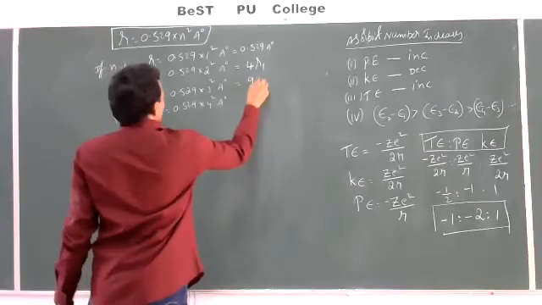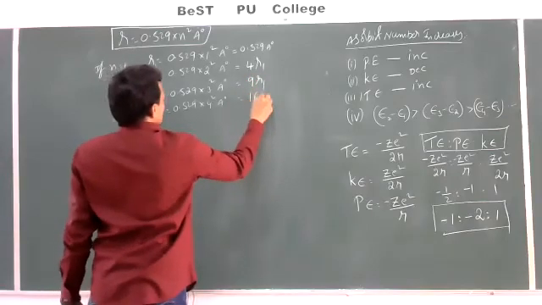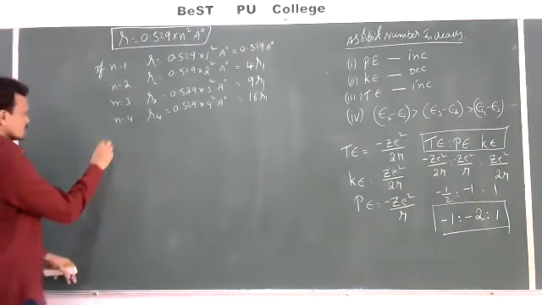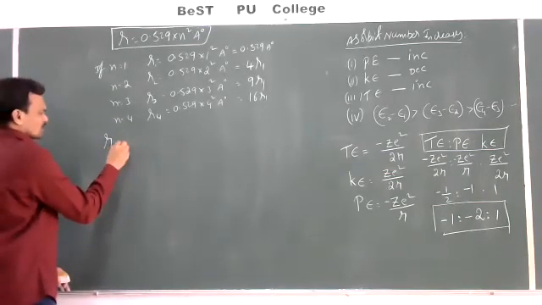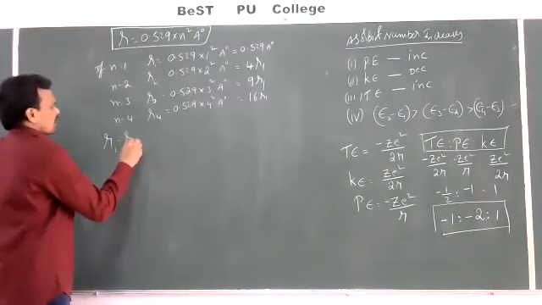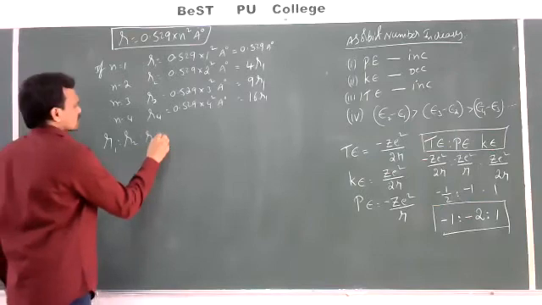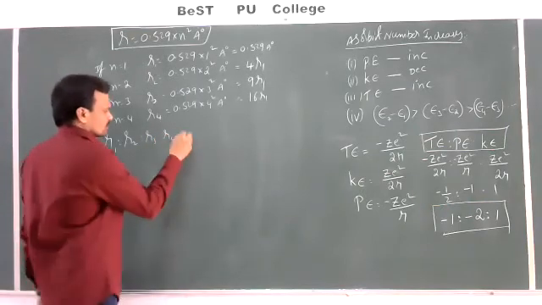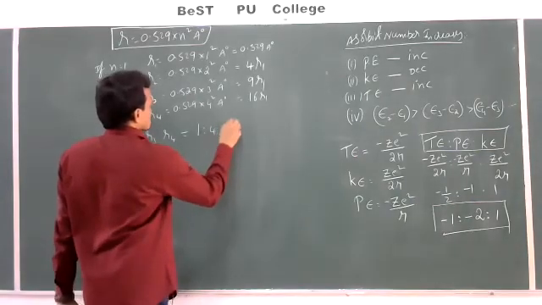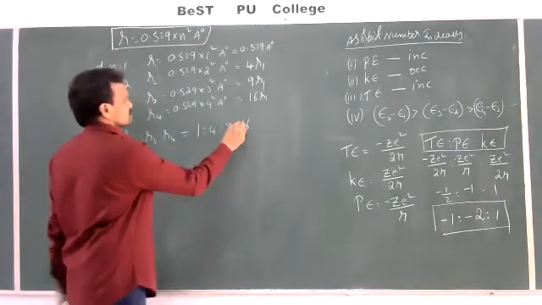This is equal to 9R1. This is equal to 16R1. So that means R1 : R2 : R3 : R4 is equal to 1 : 4 : 9 : 16.